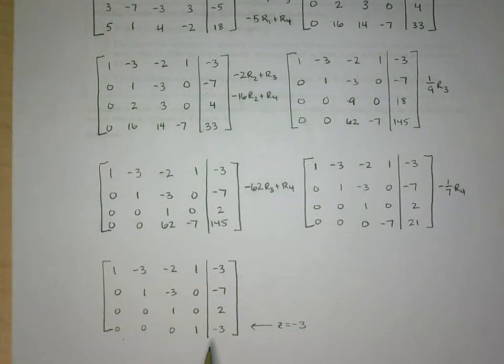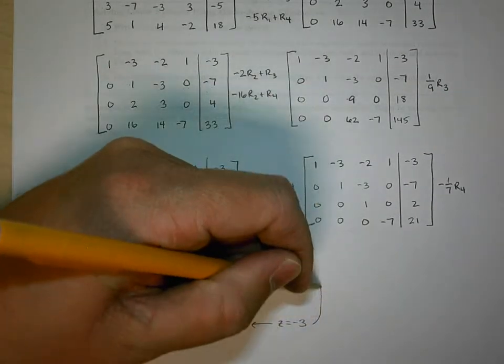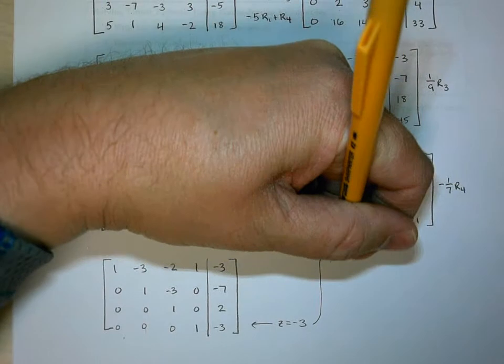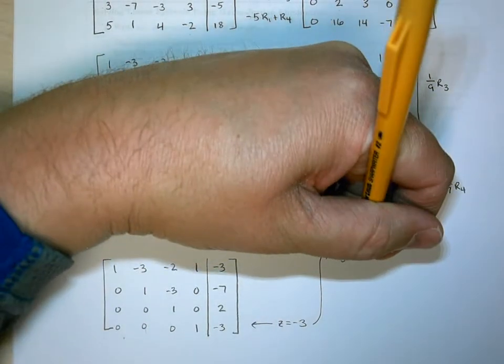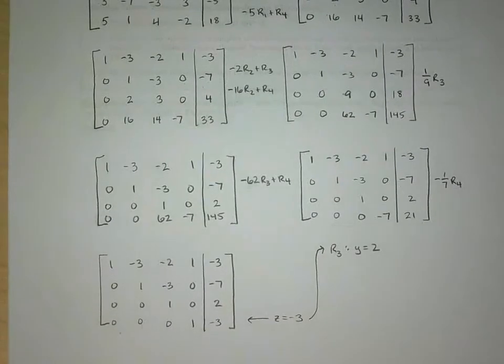So now I'm going to back substitute into the remaining 3 rows. Row 3 says y equals 2, so that one is complete. We know y, we know z. Now let's go to row 2.